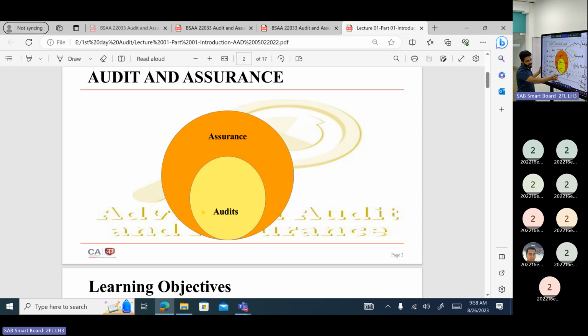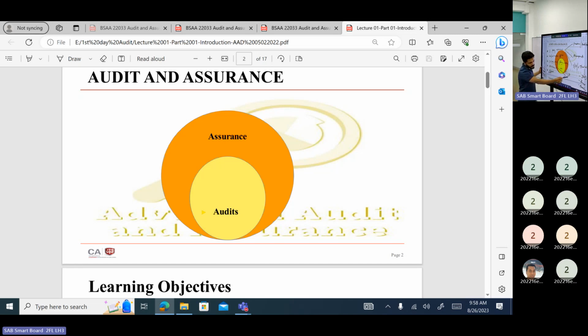Sufficient measures the quantity. Appropriateness measures the quality. Sufficient means quantity of the evidence. Appropriate means quality of the evidence. And then, after getting this evidence, we have to evaluate and conclude in a report.